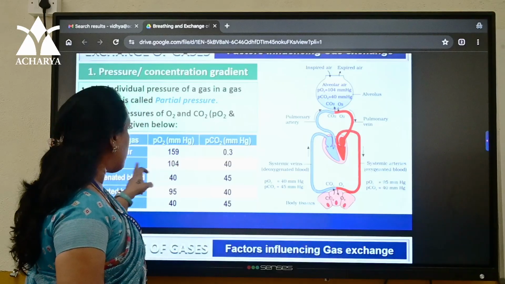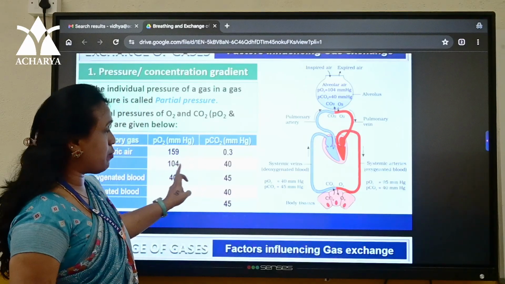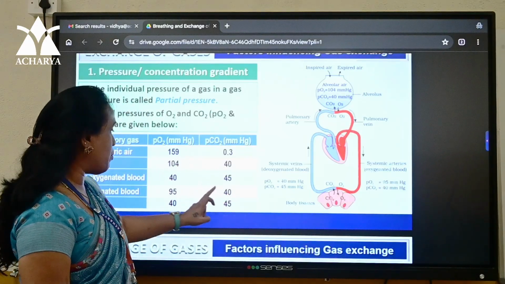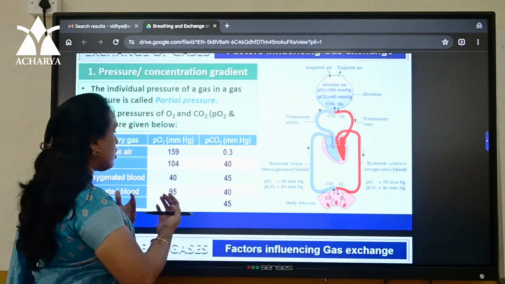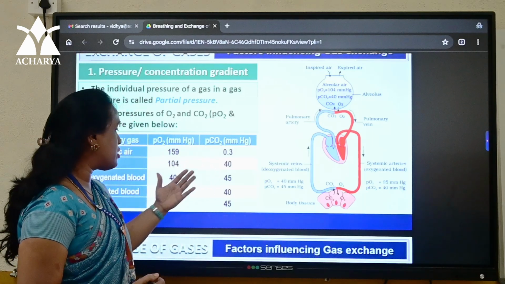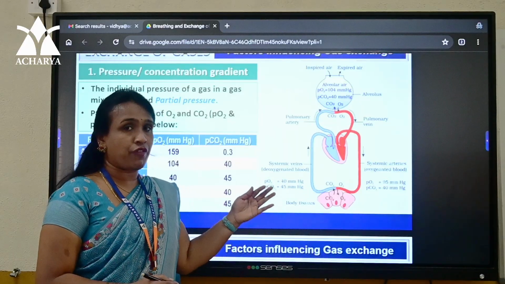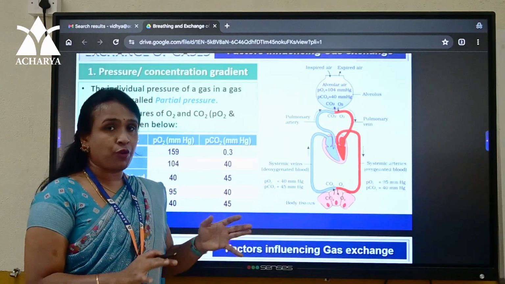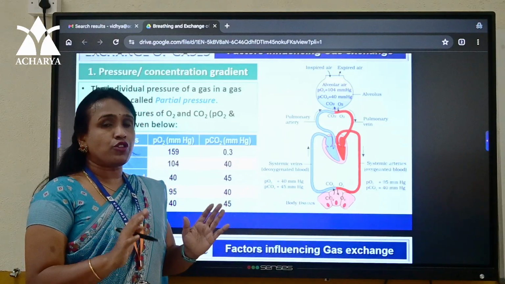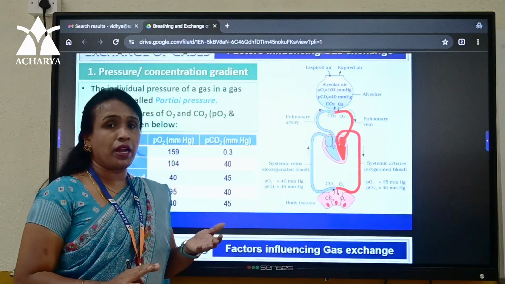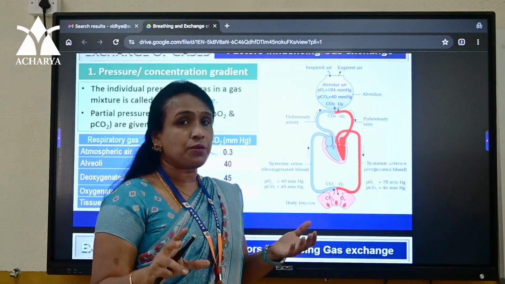Then in alveoli it is 40, in deoxygenated blood it is 45, and in oxygenated blood it is 40. So if you look at the partial pressure of carbon dioxide, it is not more than 45 anywhere in our body, and not less than 40. So 40 to 45 is the range in our blood where the carbon dioxide is present.